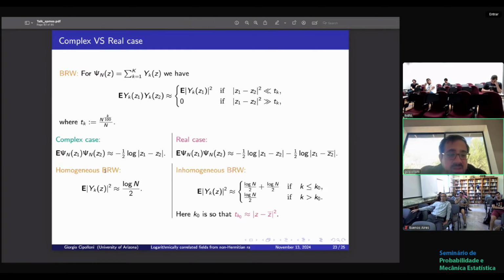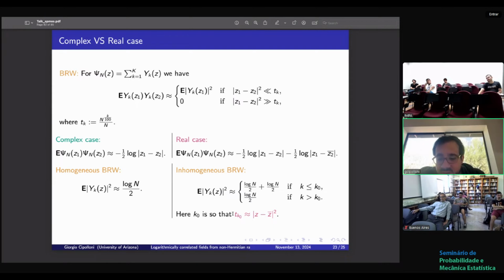And in fact, this is the reason why we have these two different behaviors in the real and the complex case. So in the complex case, if you look at the variance of this Y_k(z), it is always, for every k, log n over 2. So we just have a homogeneous branching Brownian motion with this Y_k variance log n over 2. So it's like at the beginning. However, in the real case, the situation is different because for some value of k there is an abrupt change.